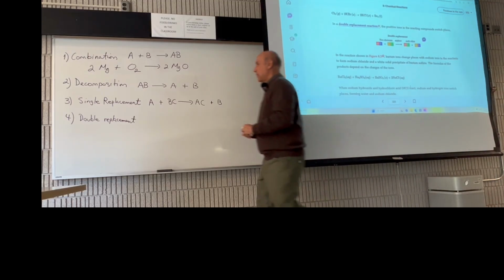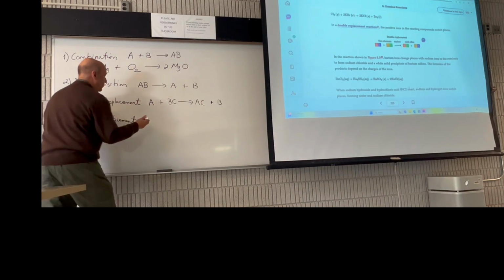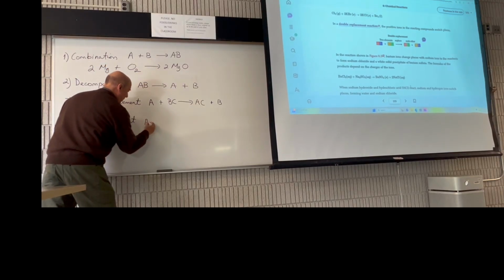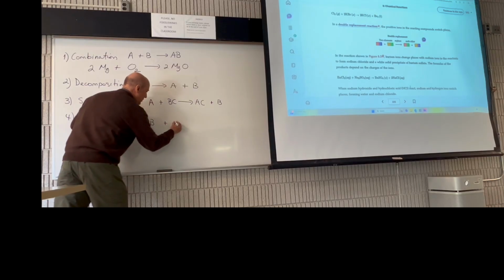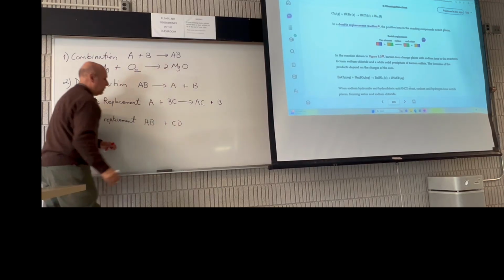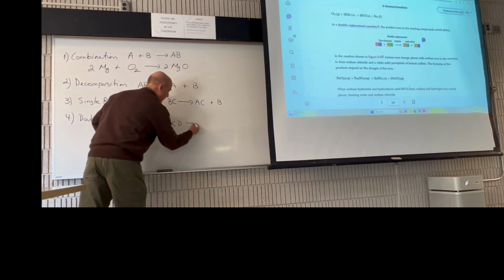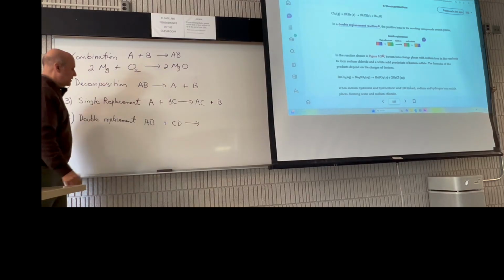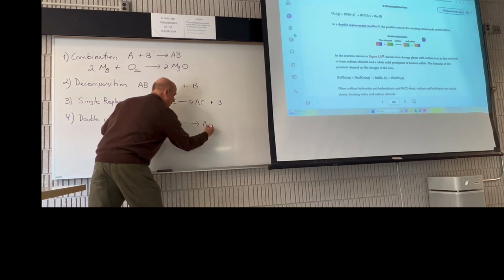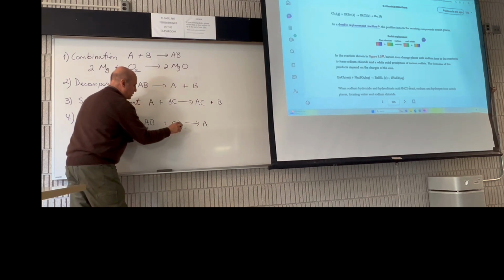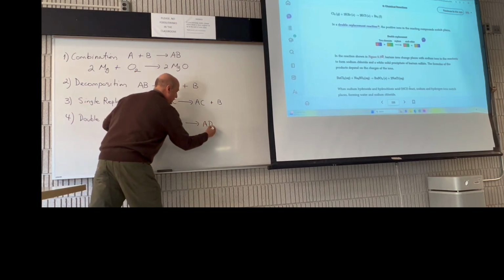Okay? So in this scenario, we have, to begin with, A partner with B, C partner with D. When the double replacement takes place, I need to keep A as the first element. I'm going to put D as the second one.